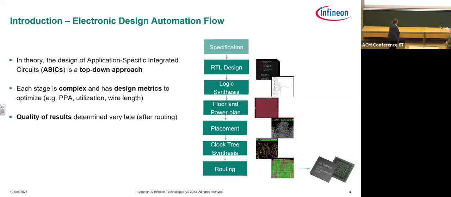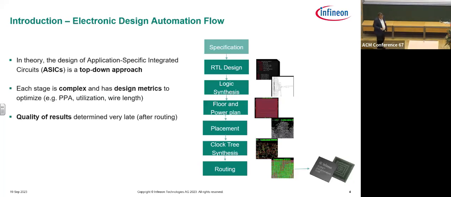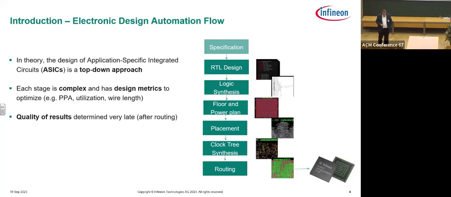This is, I would say, a classical design flow. A classical flow with a specification, RTL design, and then we have a lot of steps: logic synthesis, floor plan, power plan, placement, clock tree synthesis, and so on, routing. And after all the steps, which depend on the chip, between a day and weeks, we finally know if our chips work or not.